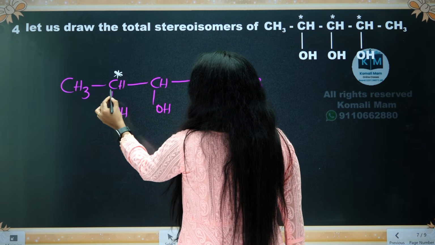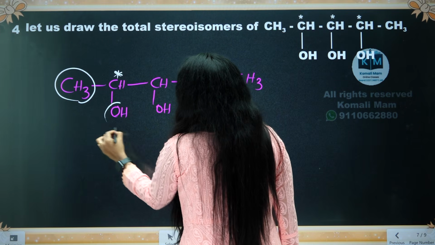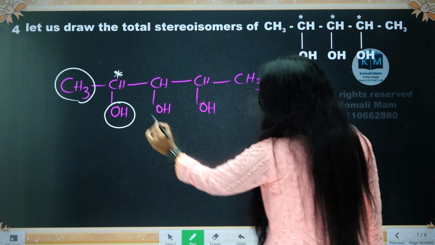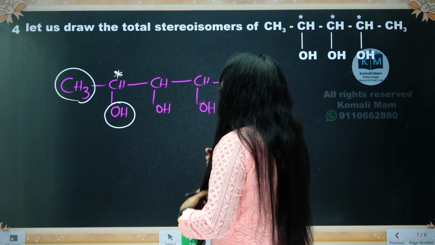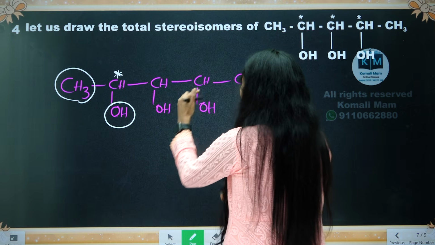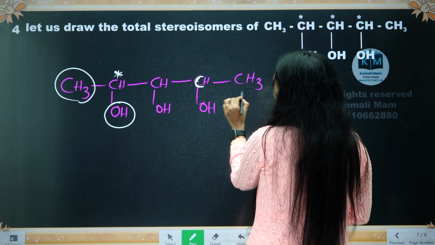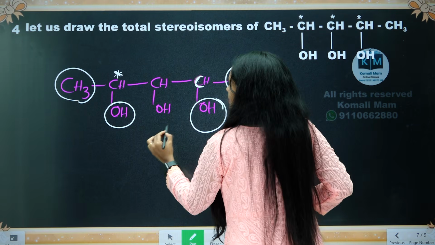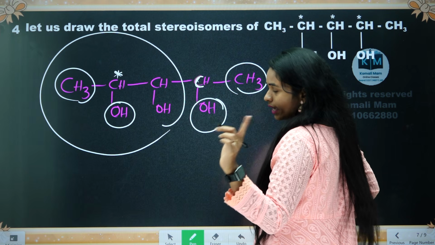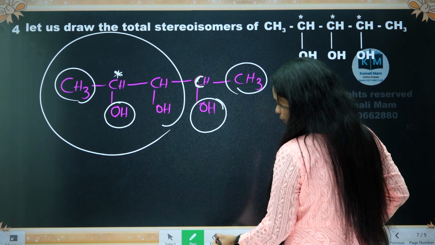See, this is surrounded by one group, 2, 3, this side entire group. Okay, one stereogenic center, total 4 groups. And see here, this carbon is surrounded by 1, 2, this entire one group. Okay, then this hydrogen is one group. Fine.